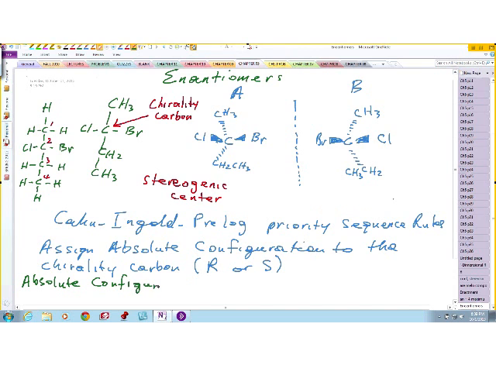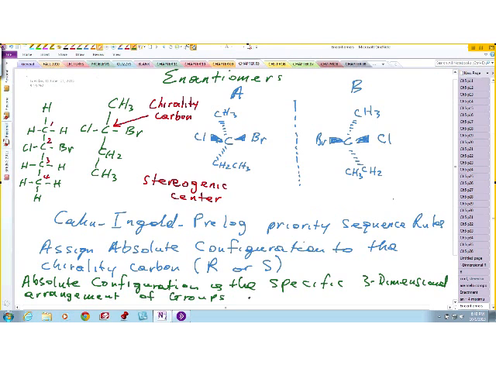Absolute configuration is the specific 3-dimensional arrangement of groups or atoms attached to a chirality center or carbon.